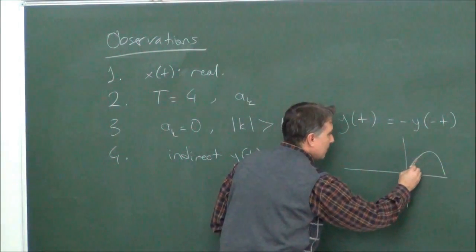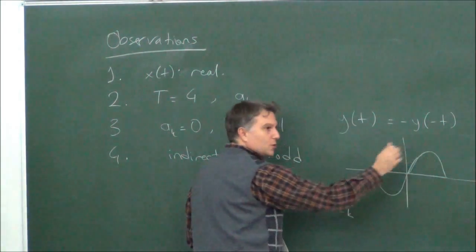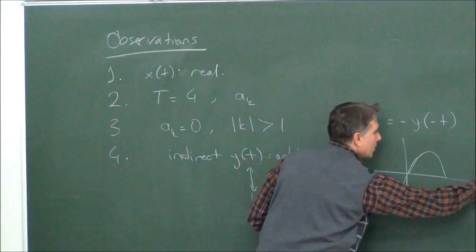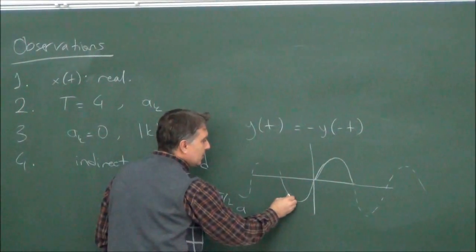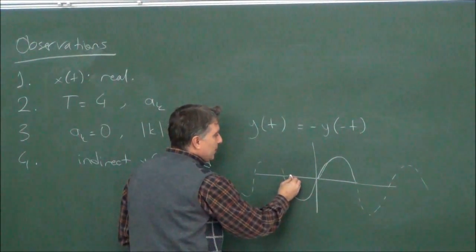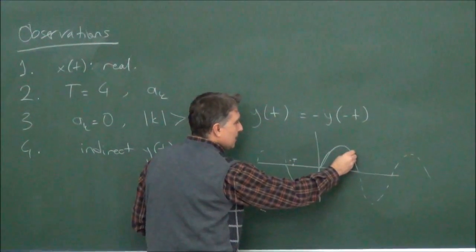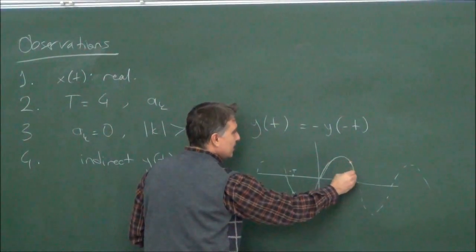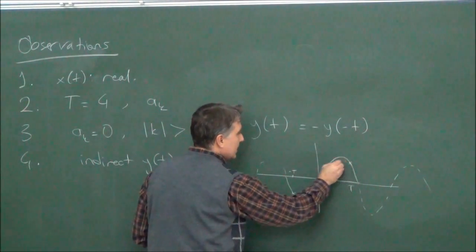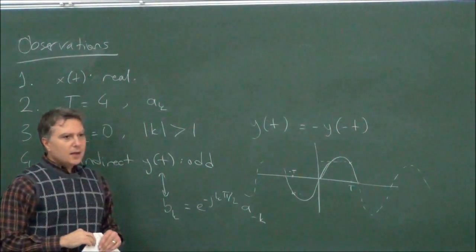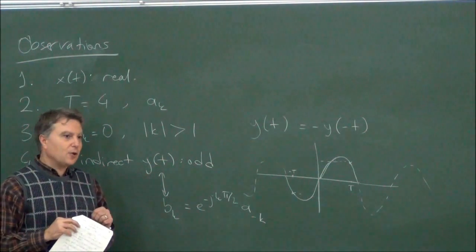And it goes on, of course. Like this. This is an odd signal. This value at minus t is the negative of this value at plus t. So this value is the negative of this value. For an antisymmetry like this, you cannot have a DC coefficient.